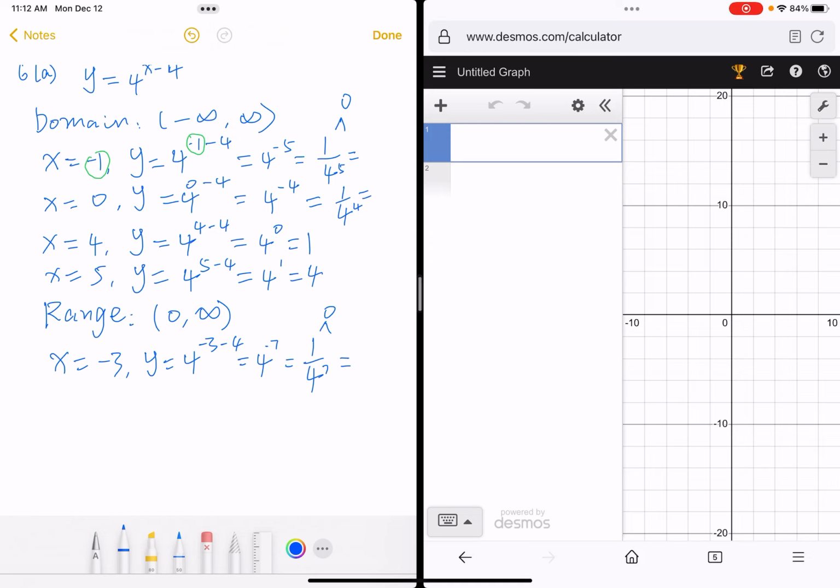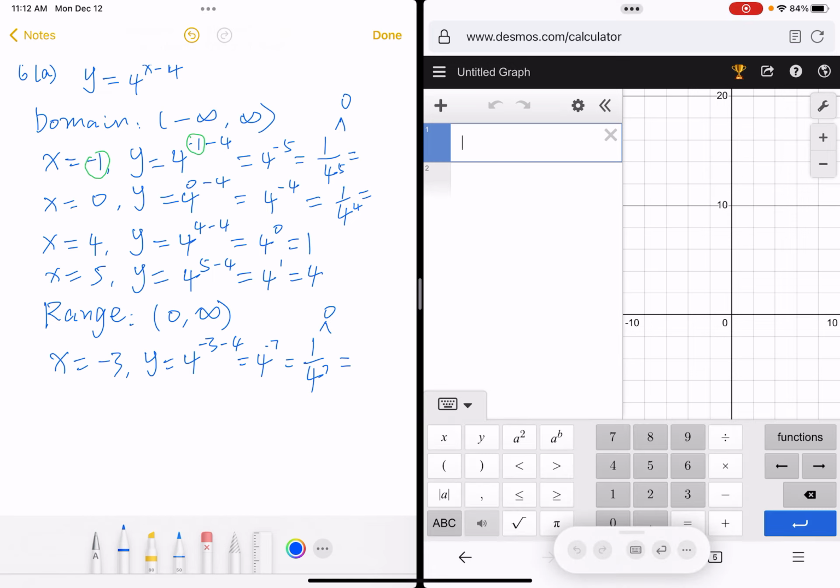Okay, now here you may try a few values. Get the keyboard out. So you have 1 divided by 4 to the 5th power.